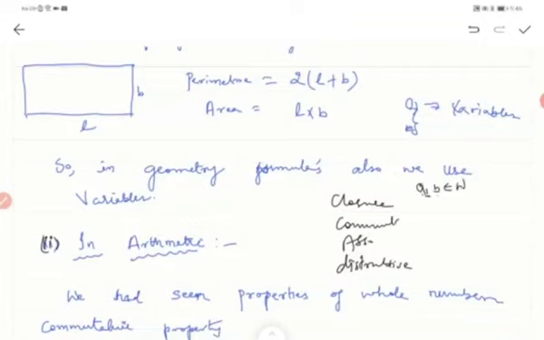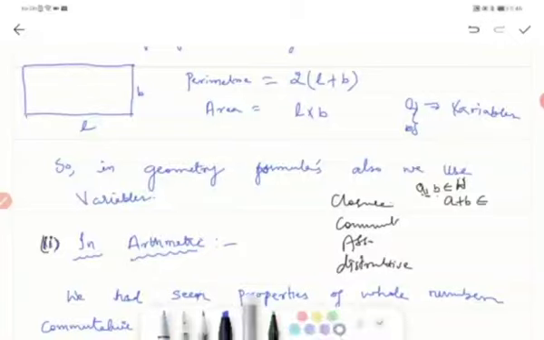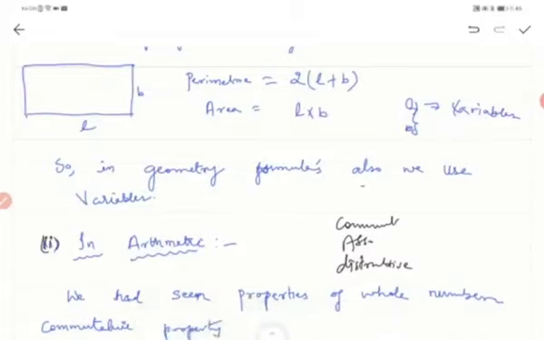So closure is what? If you are doing a plus b, then the output that you get should belong to the whole numbers again, right? Let me take the example of commutative property so that you can understand it properly. I have two numbers, 2 and 3.